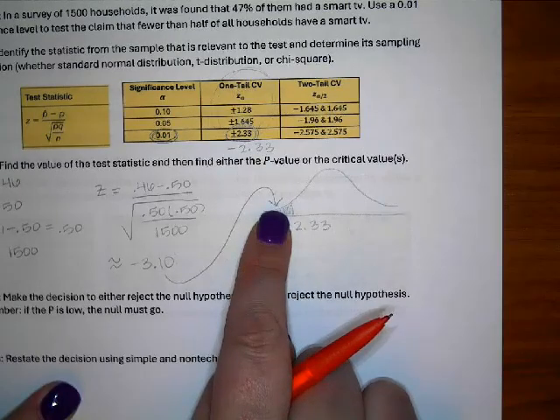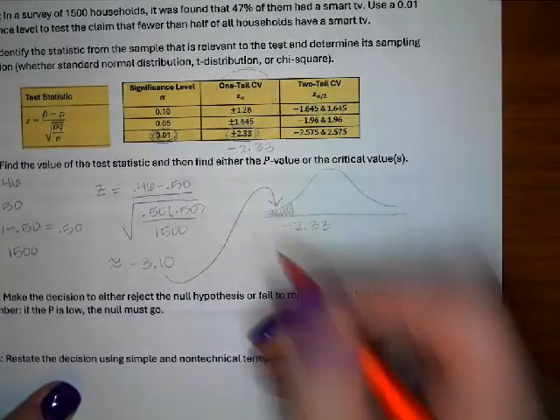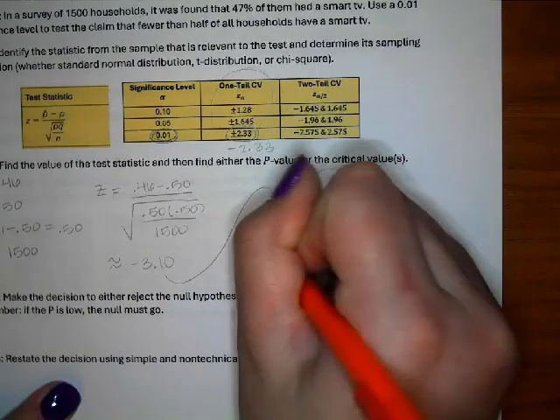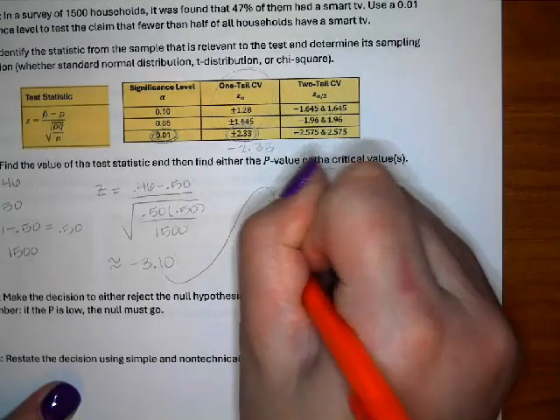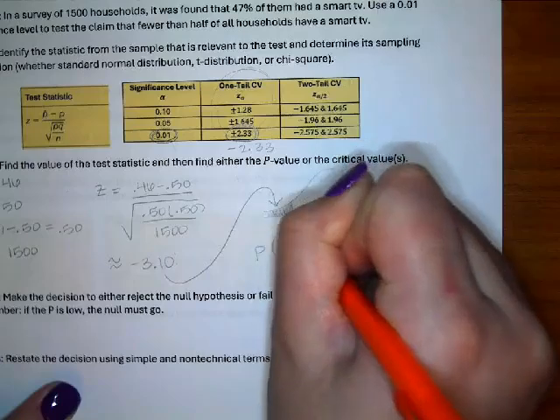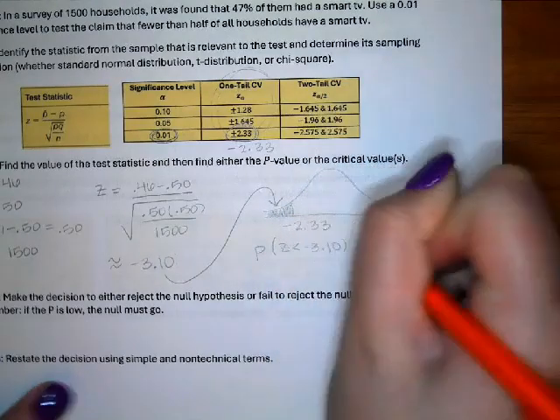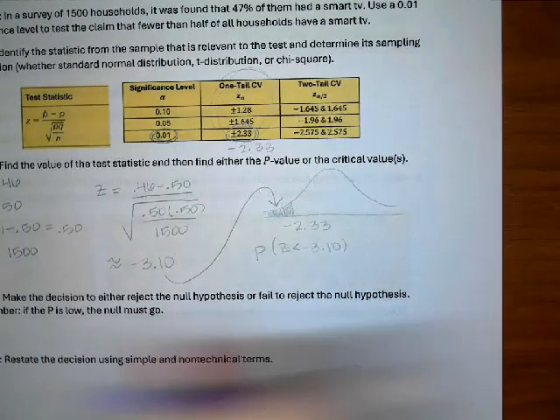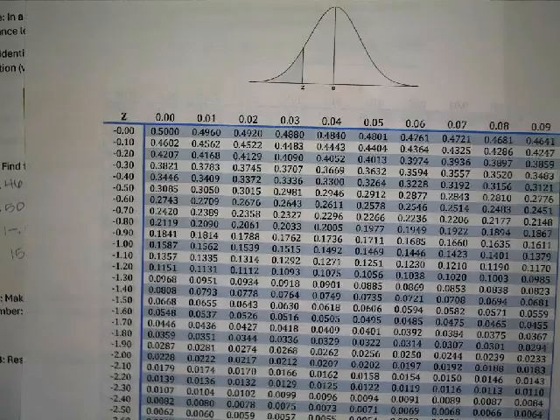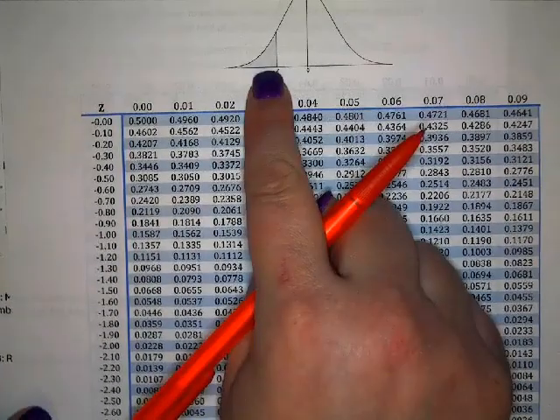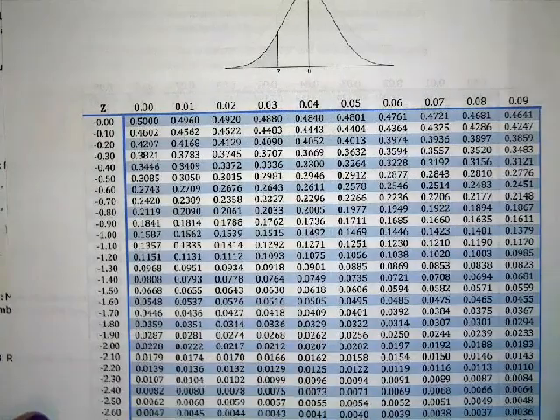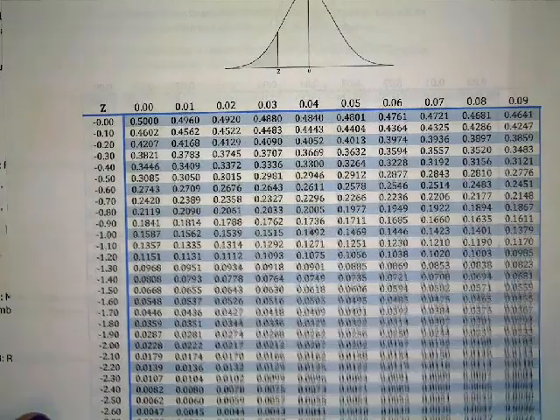But I'm going to go ahead and find the p-value anyway. So the probability that z is less than negative 3.10, and I'm going to be looking at my table. So I'm going to flip it to the negative side. This time it's less than, and our areas are to the left. So this time I'm not going to have to find the complement of the number. I can just find the number and use it as is.